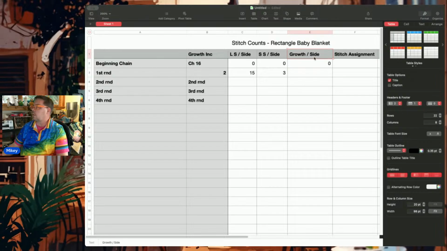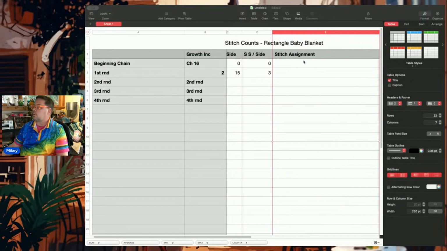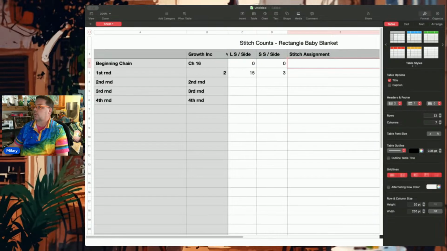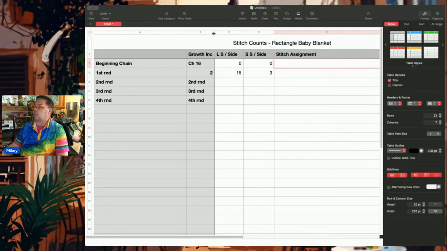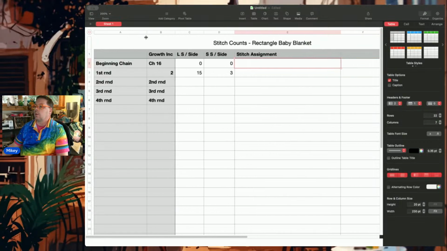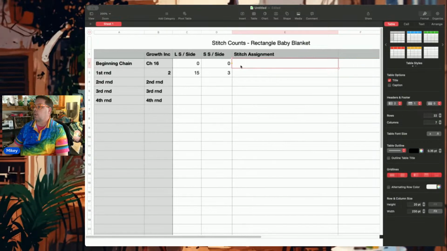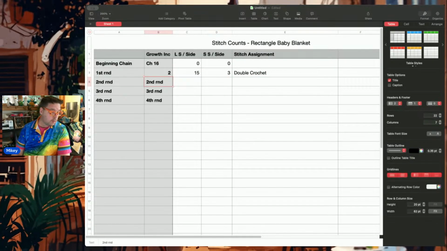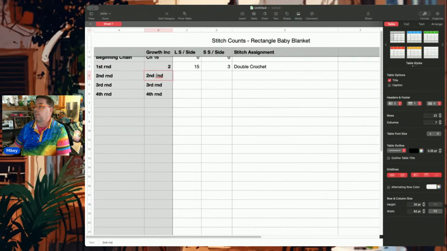And I think we're going to get rid of this column, delete column. And then stitch assignment, what it was. So the stitch assignment was there, and this was just double crochet. Okay, so second round is a unique round, and the increase is 4.